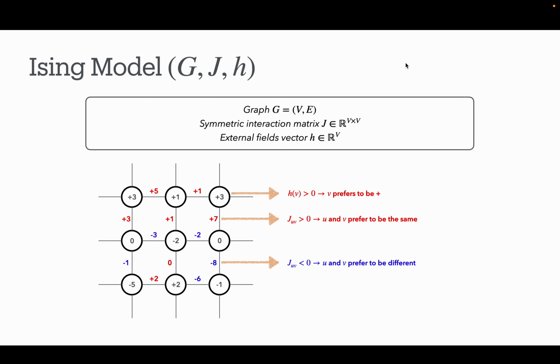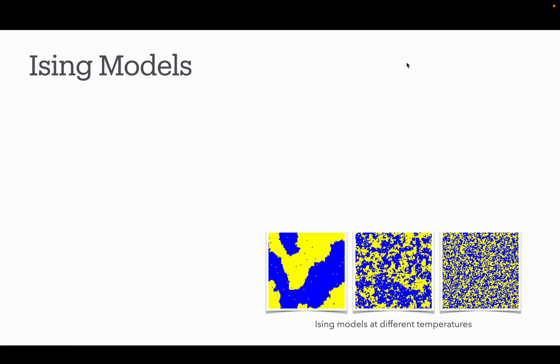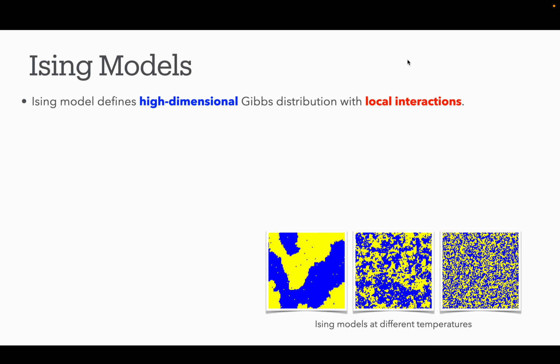Similarly, if J_UV is negative, it implies that U and V prefer to be different, and H_V negative implies V prefers to be negative. So the Ising model defines a high-dimensional Gibbs distribution with local interactions.